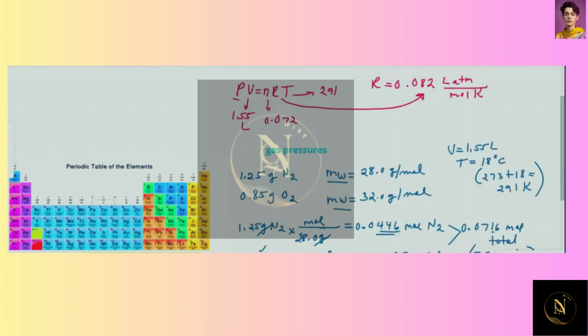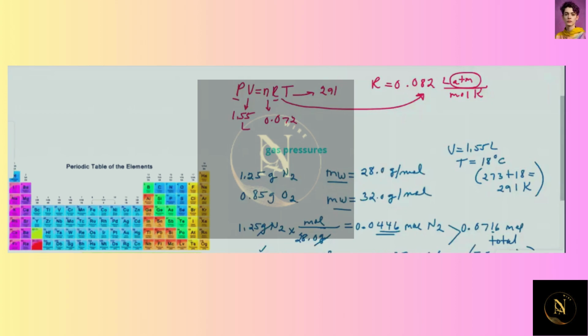The last piece of information is R, the ideal gas constant. In terms of atmospheres for the pressure units, that constant is 0.082 liter atmospheres per mole Kelvin. So the pressure we determine will be in atmospheres.